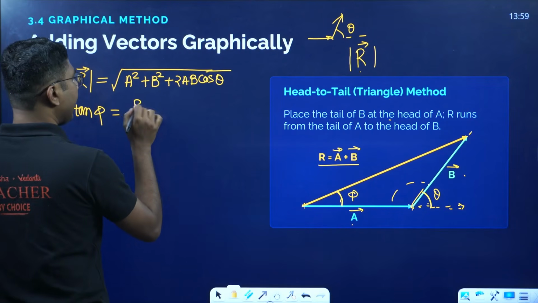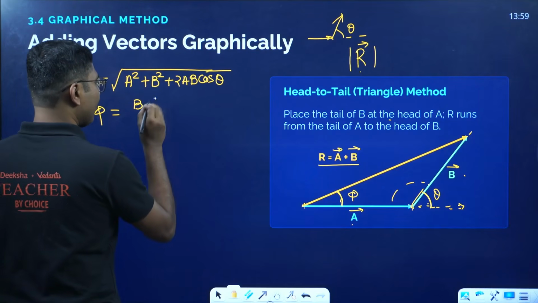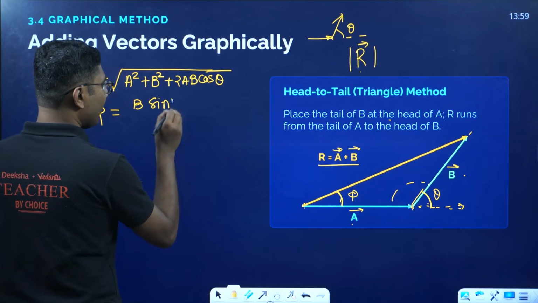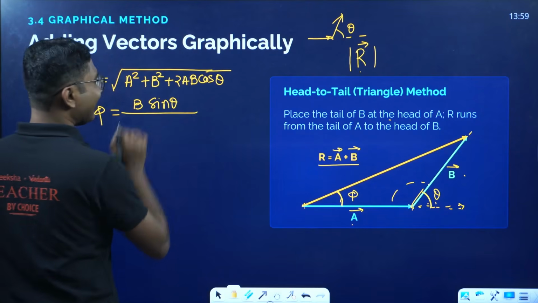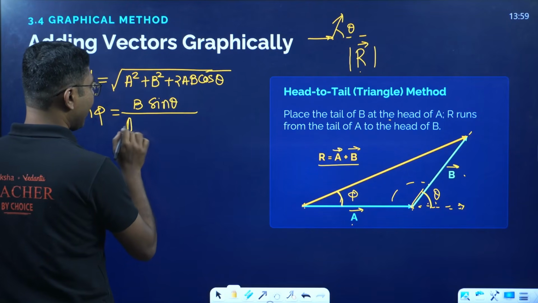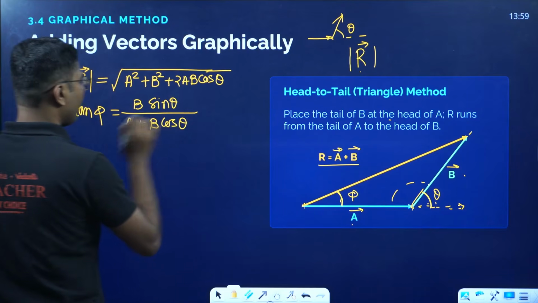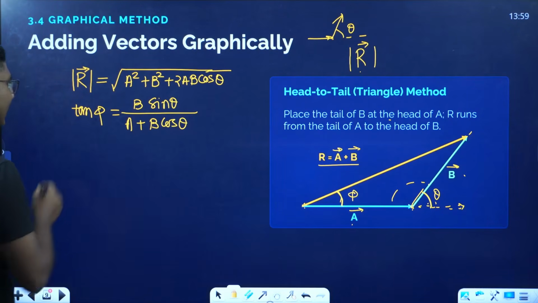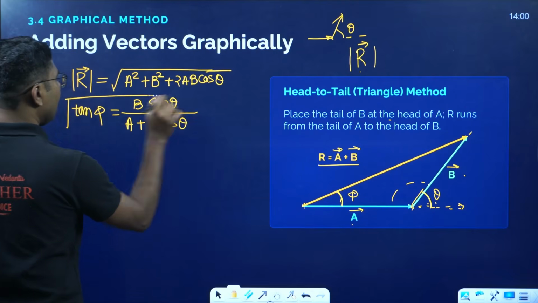It will be B. Now what is tan? Tan is sine by cos. Here it will also be sine by cos, but in terms of theta. In the denominator it will be A plus B cos theta. So tan phi equals B sine theta divided by A plus B cos theta.